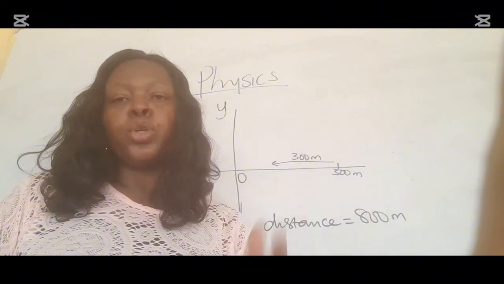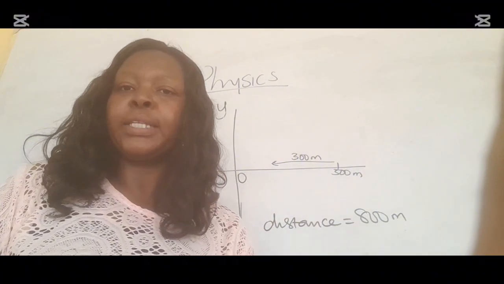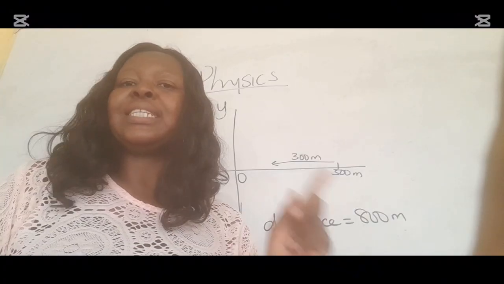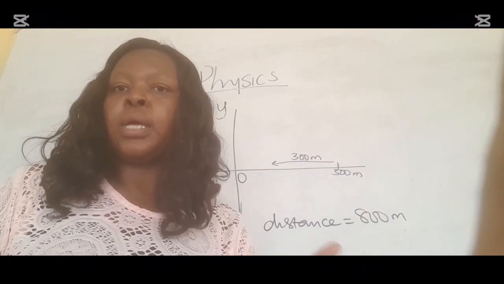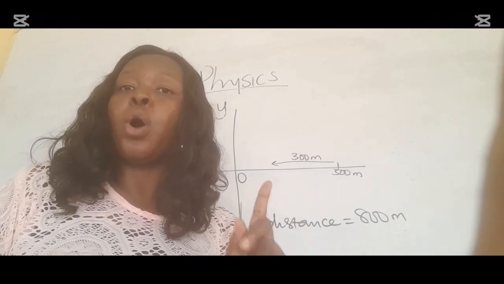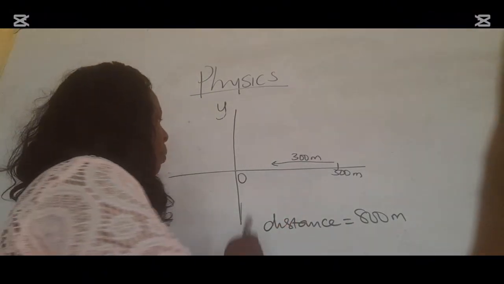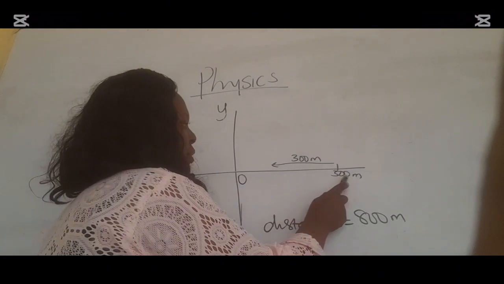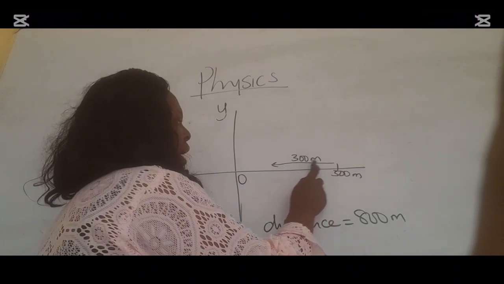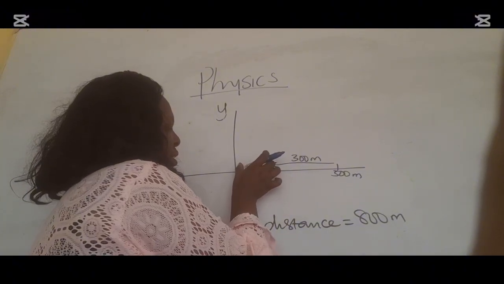But if we are asked what is the displacement of this person, the displacement means how far this person is from the origin where he started from. The person walked 500 meters and then turned back and walked 300 meters. His displacement is just this distance.